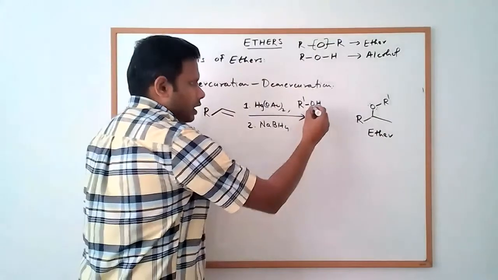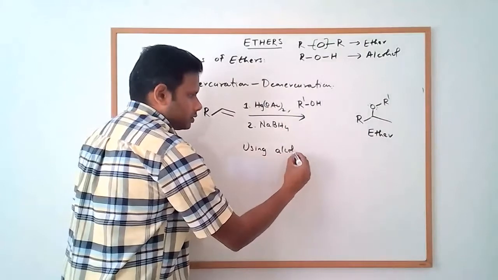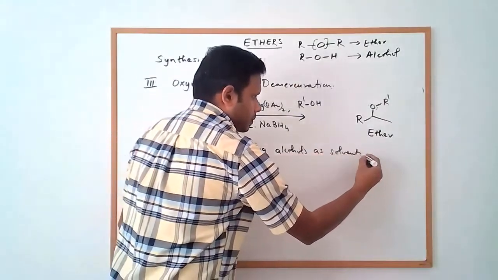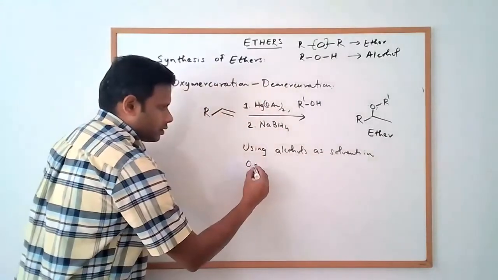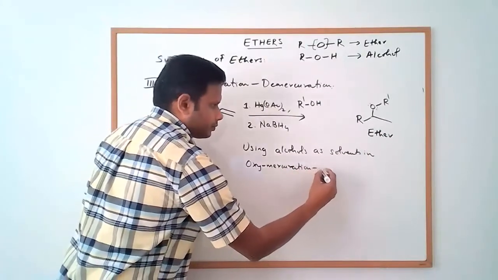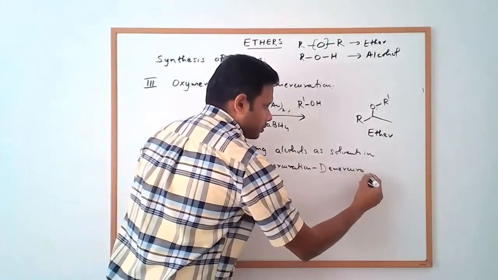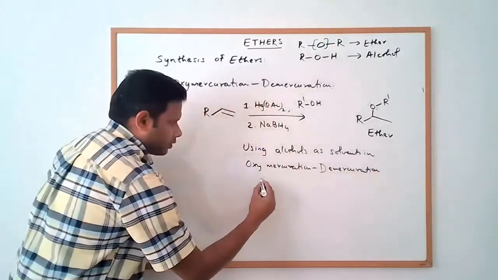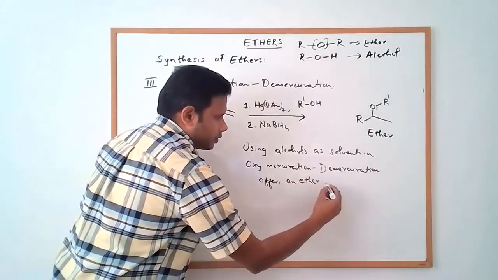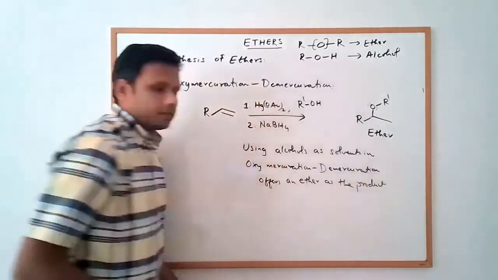Okay. So using alcohols as solvents in oxymercuration-demercuration offers an ether as the product.